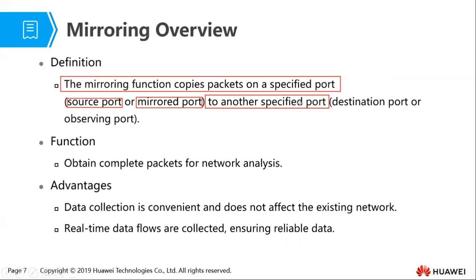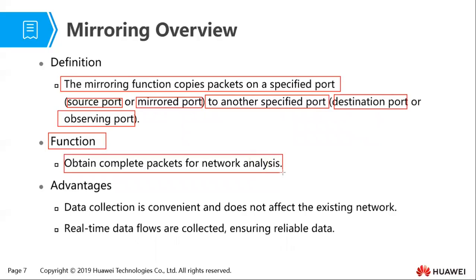And the other specified port to which we are passing the copied packets is called a destination port or an observing port. So we have a mirrored port and an observing port. So the function for mirroring is to obtain complete packets for network analysis.